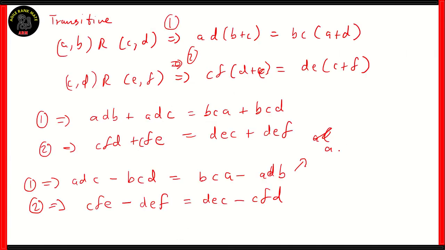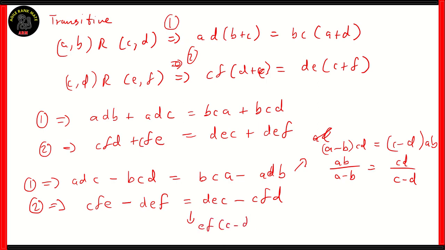So basically we get A minus B times CD equals C minus D times AB, and that can be rewritten as AB over A minus B equals CD over C minus D. Now similarly, we can write this as, we can take EF common, so you get C minus D. The right hand side would be, CD is common, you would get E minus F. So therefore what we get here would be CD over C minus D equals EF over E minus F.